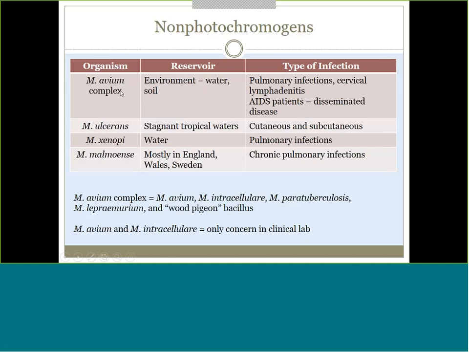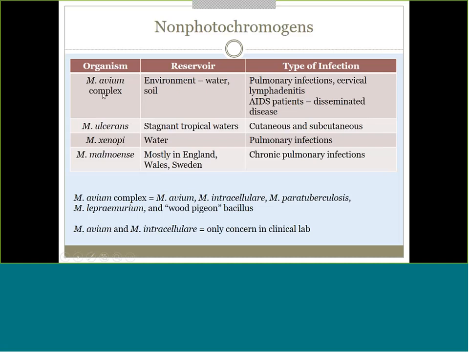Non-photochromogens, you have a really big group here that definitely is really important to remember, and that is the Mycobacterium avium complex. So down at the bottom tells you the avium complex is made up of the Mycobacterium avium, intracellulare, and paratuberculosis, lepraemurium, and something they just call wood pigeon bacillus. You don't have to worry about that. The ones that we're really concerned with out of this entire complex is the avium and intracellulare.